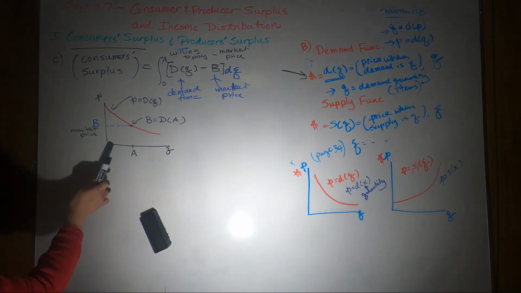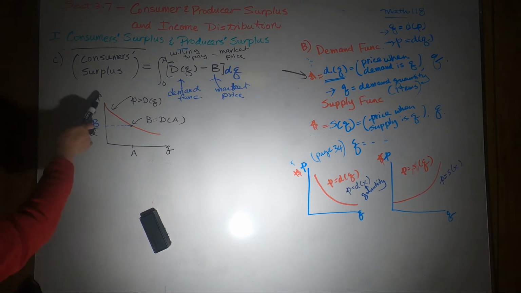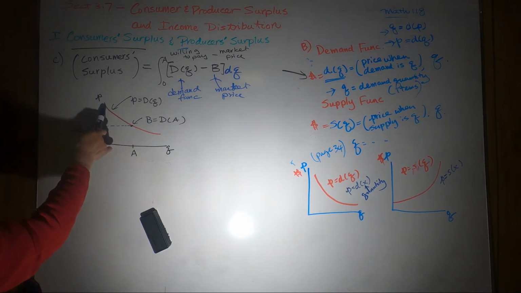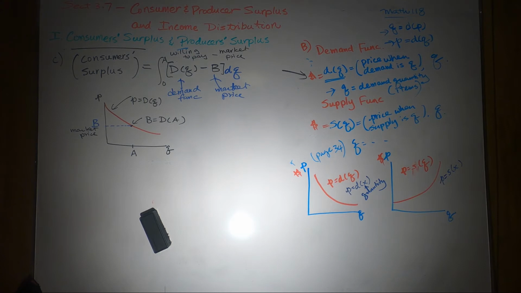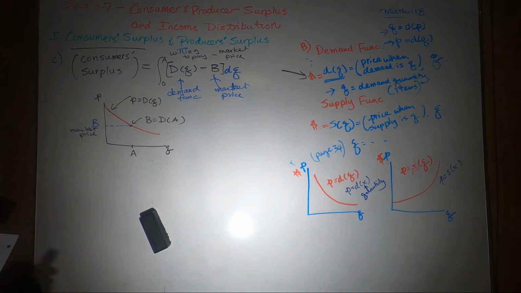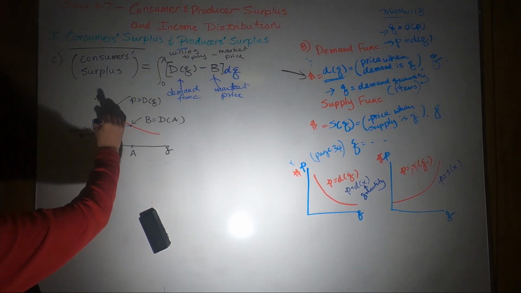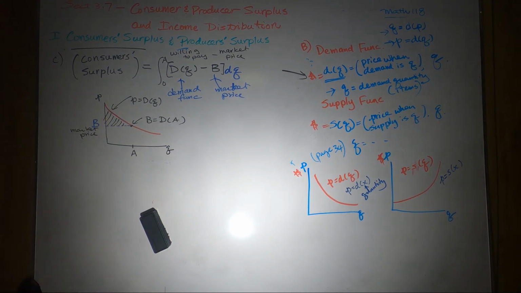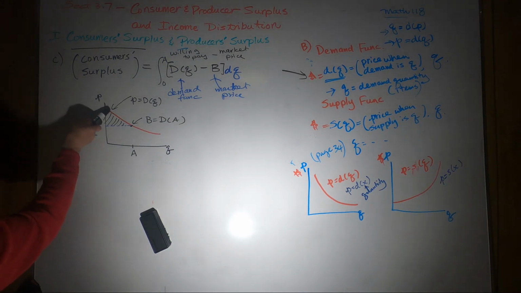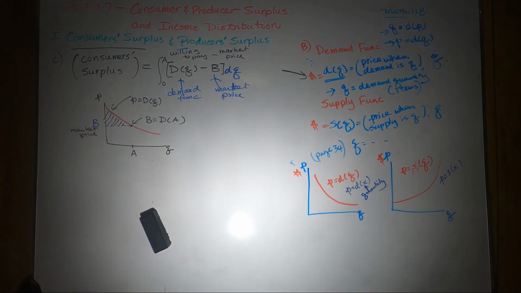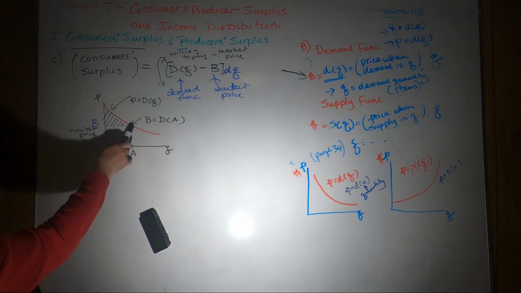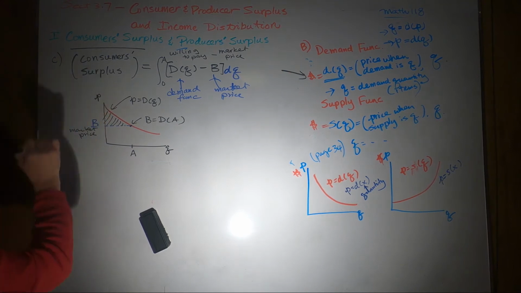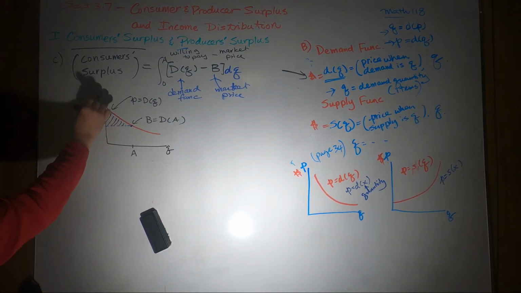Then consumer surplus, this is the curve, the difference of the two curves. Okay, if we do the antiderivative, then this portion will be left as an extra, right? Because consumers were going to pay all this price, and this is the market price. So at this point, leftover is that much.